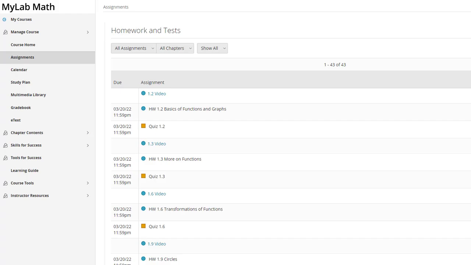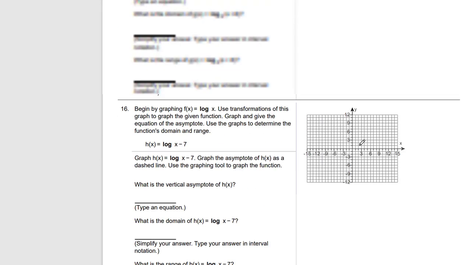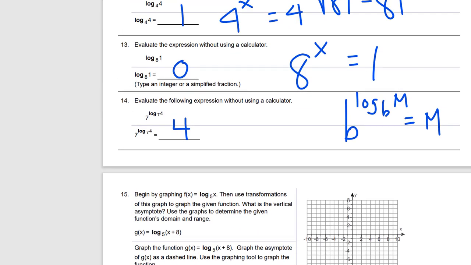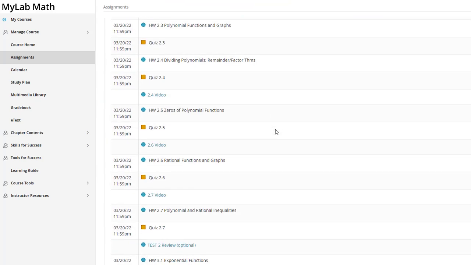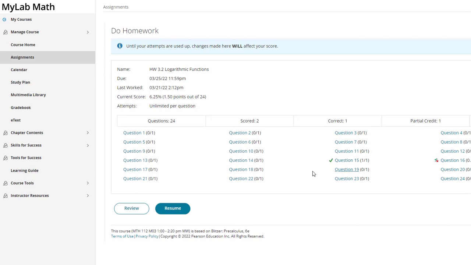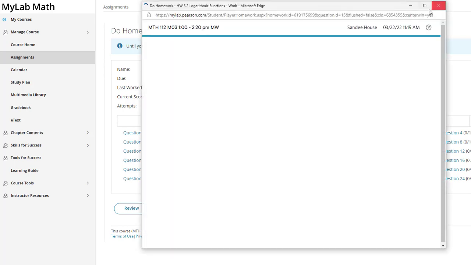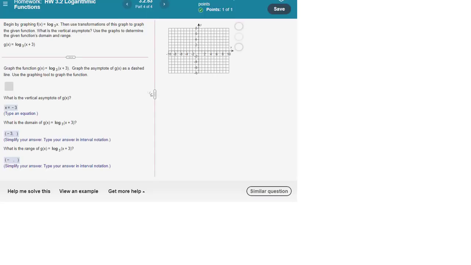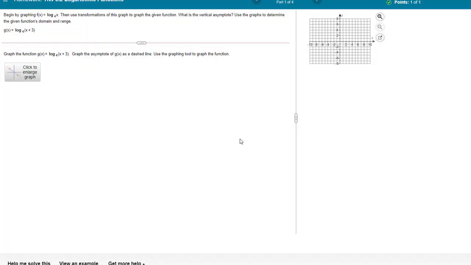Okay, so this is the graphing in section 3.2, and that starts with number 15.